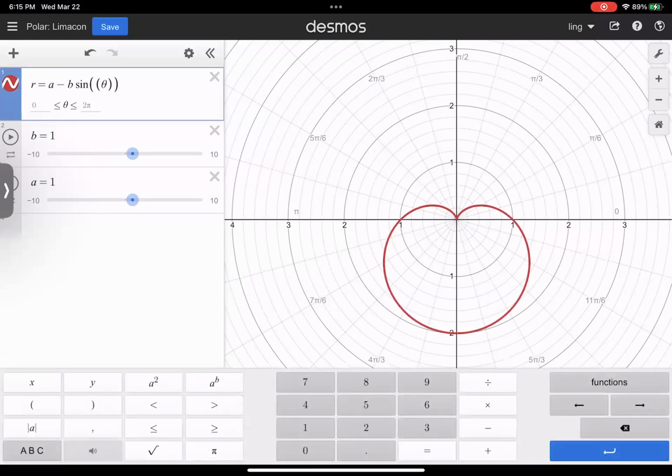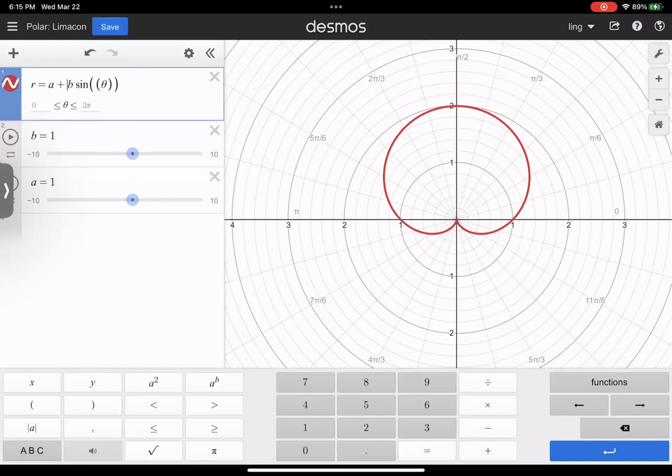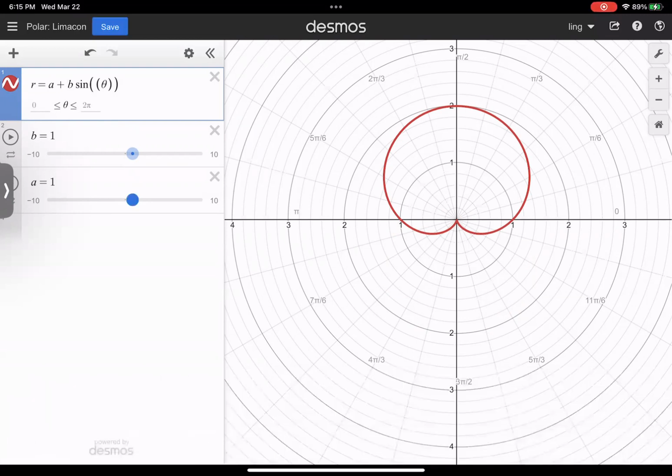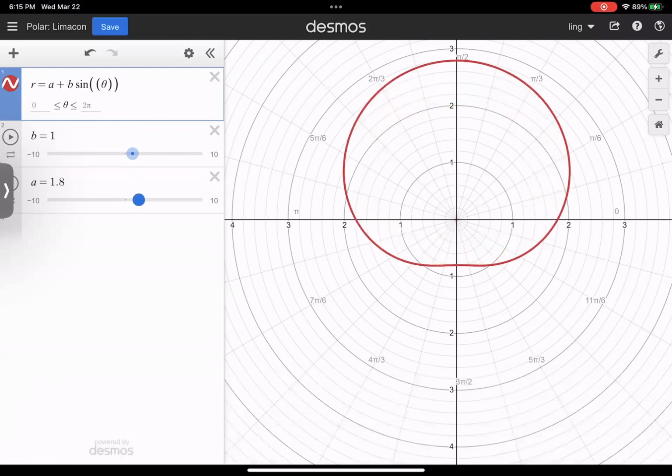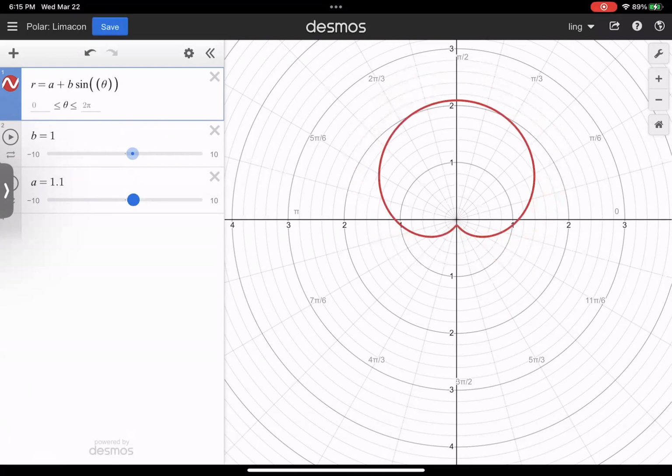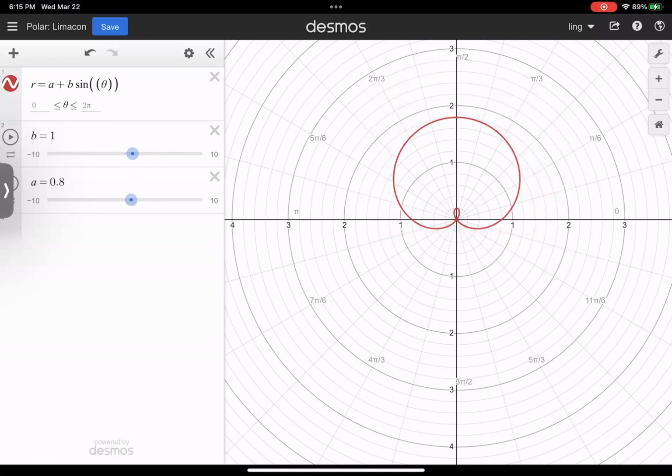So now, let's figure out in what scenario you will have an inner loop. You can change your B value, or you can change your A value. So we make A a little bigger, or a little smaller. Did you see? As soon as the absolute value of A is less than B, you start to have this inner loop.